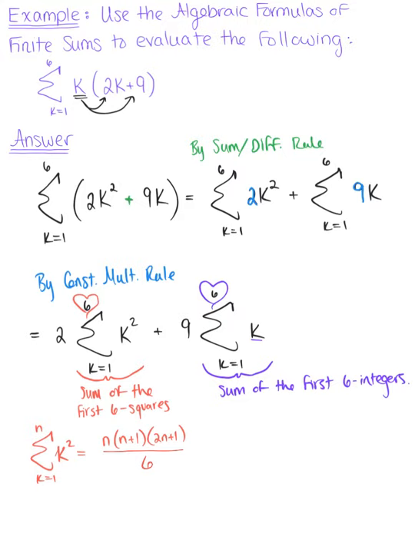And thinking about the sum of the first n integers, we know that that is defined as the sum from k is 1 to n of k, which we know simplifies to n times n plus 1 divided by 2. And now again here, because we have a specific number versus n, we're going to replace each of the n's in these formulas with 6. So let's go ahead and do this.